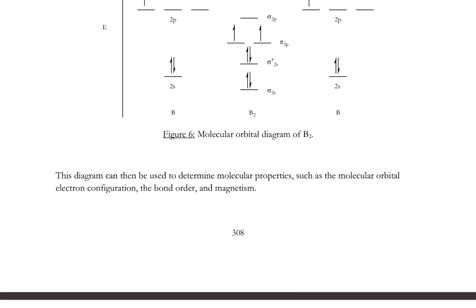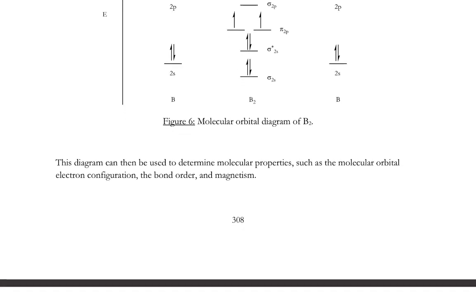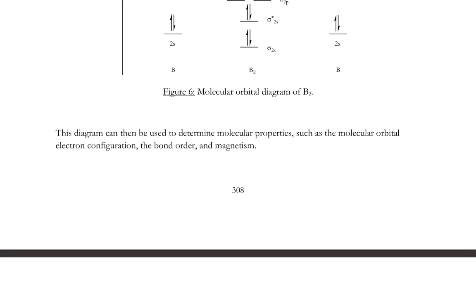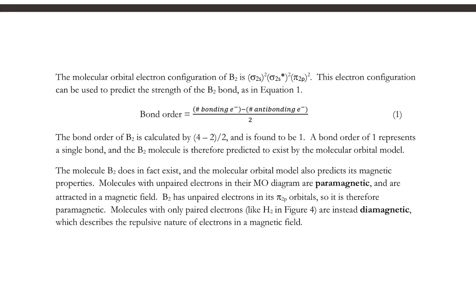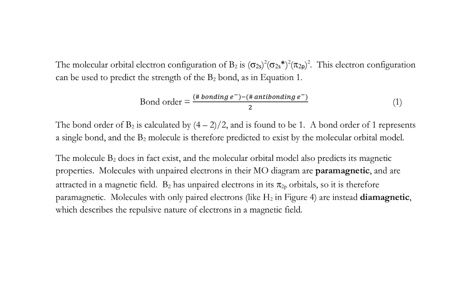And we can use that to determine properties such as electron configuration, bond order, and magnetism. So that's shown next. The molecular orbital electron configuration of B2 would be sigma 2s 2, sigma 2s star 2, pi 2p 2, because we have those MOs with electrons, 2 in each.